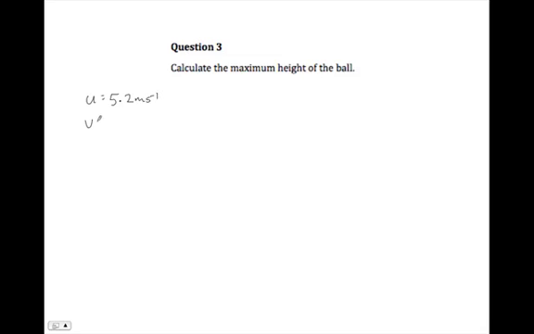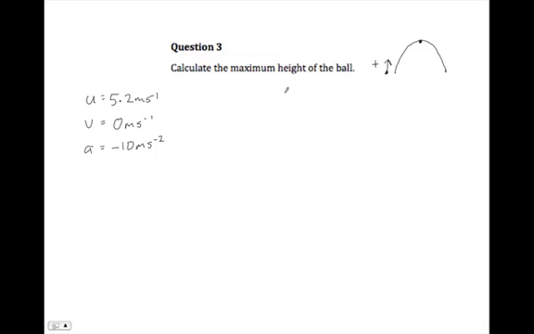At that maximum height, its velocity is going to be 0. Alright, so we're considering this sort of motion here, and I'll take upwards as positive, so the initial velocity is 5.2 meters per second. At the very top of its arc, that's going to be v equals 0, and the thing that's been slowing it down all that time is acceleration at negative 10 meters per second squared.